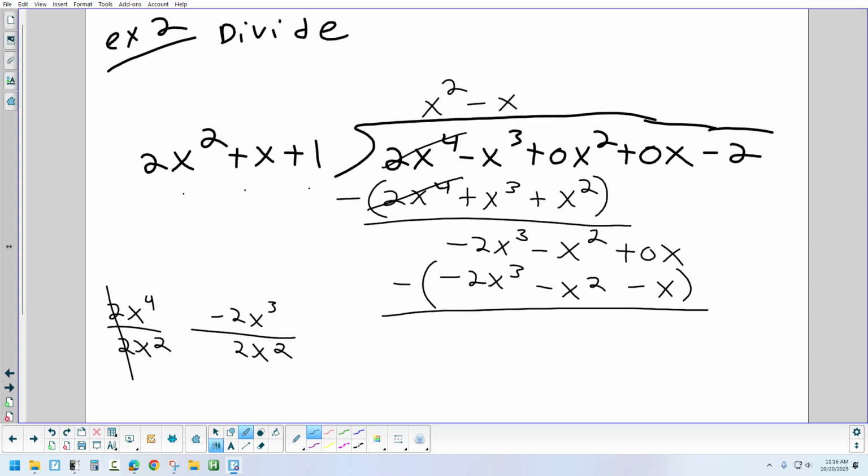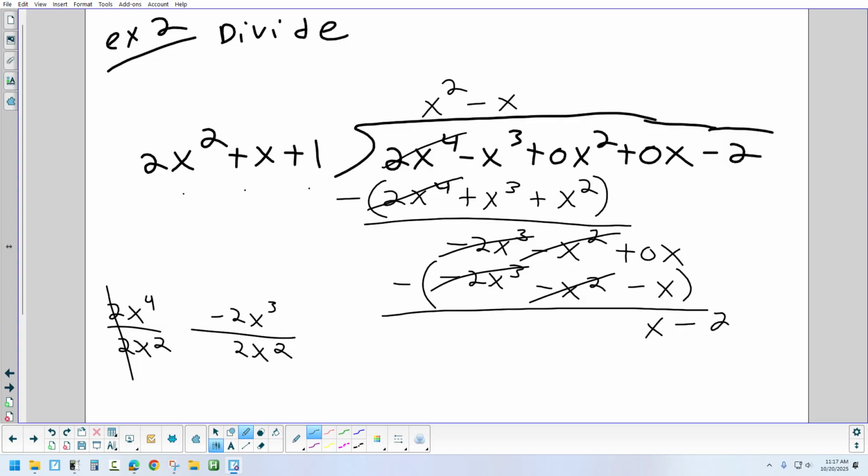What's negative 2x cubed minus negative 2x cubed? 0. Yep, that's gone. What about negative x squared minus negative x squared? Zero, that's also 0. And what about 0x minus negative x? x. And bring down your next term.